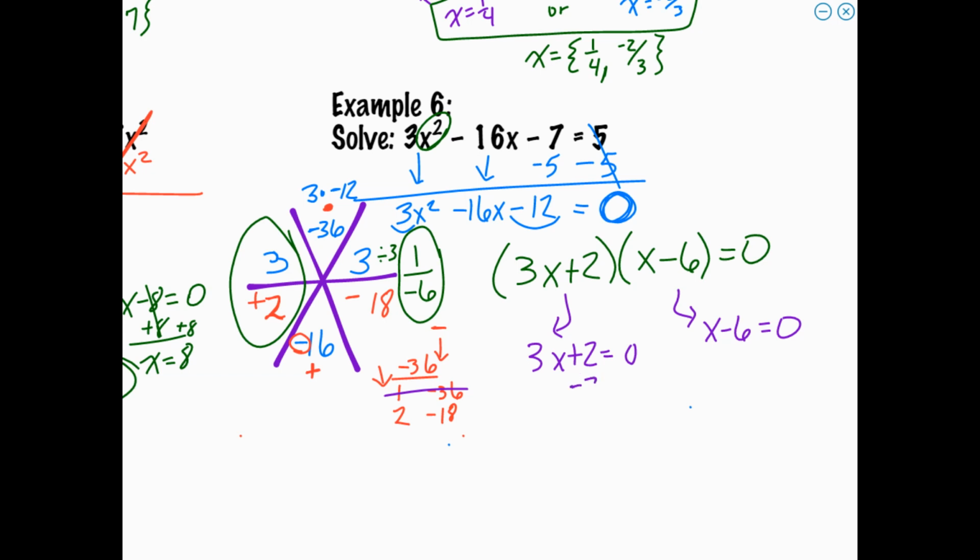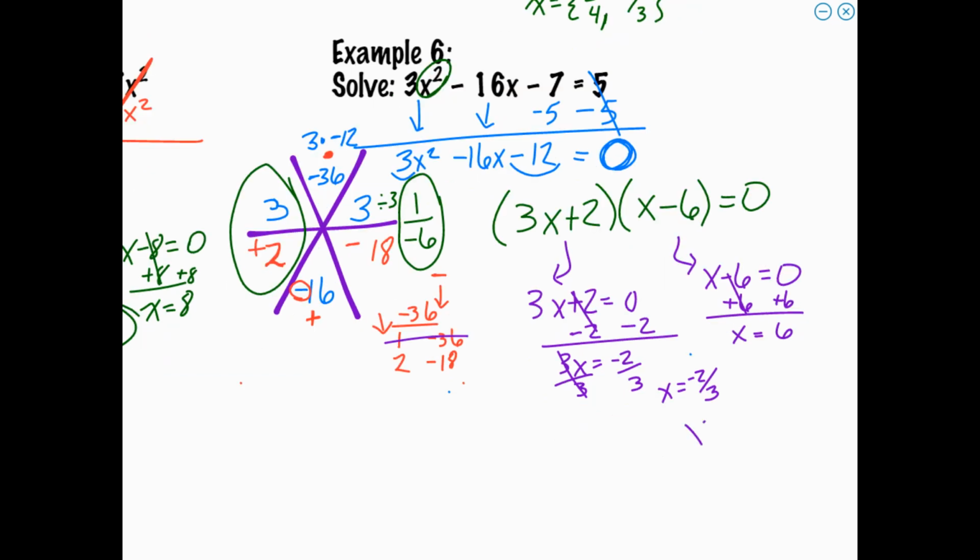I'll finish solving for both of them. So this one is x equals negative 2/3. And over here, I get x equals positive 6. So my two possible solutions are x equals negative 2/3 or 6.